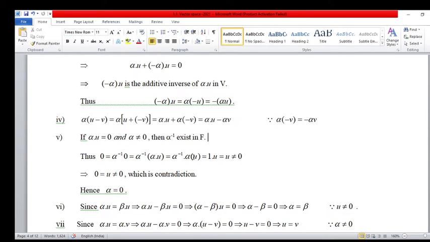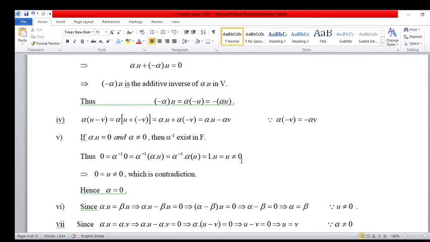Alpha into alpha inverse, with associativity, bracket change, alpha inverse into alpha is 1 into u. 1 into u is equal to u, and u does not equal 0. This implies 0 is equal to u, which does not equal 0, which is a contradiction.